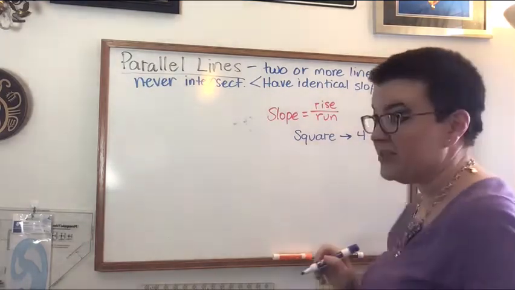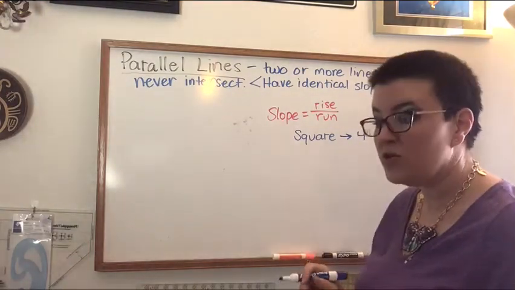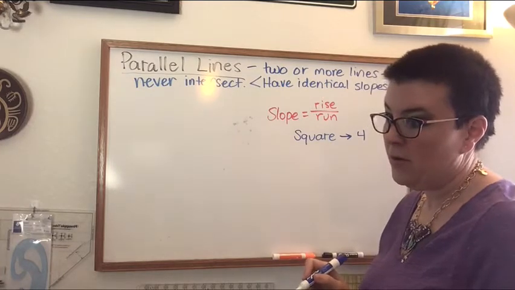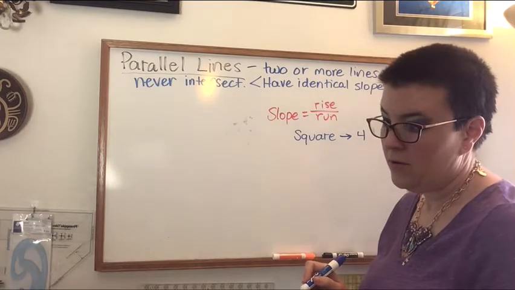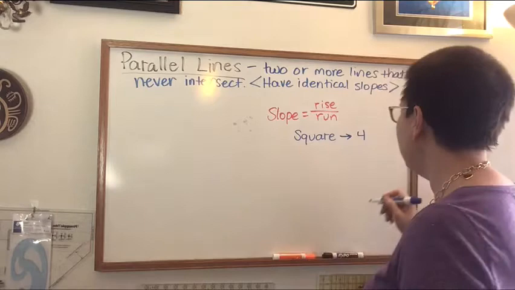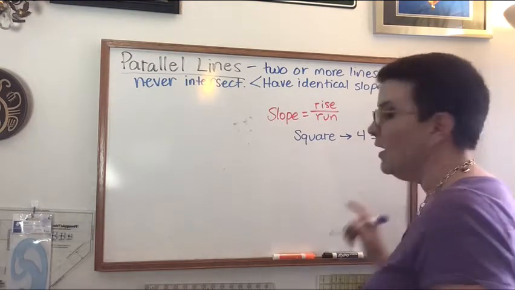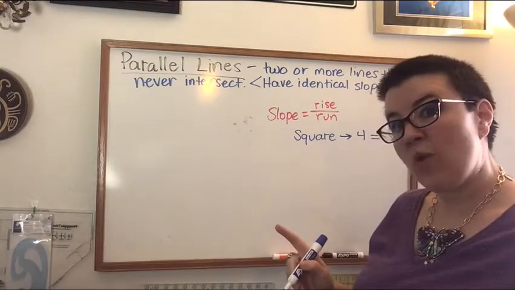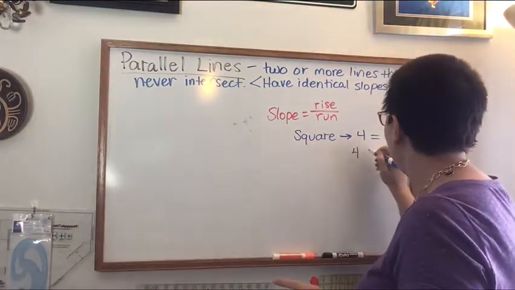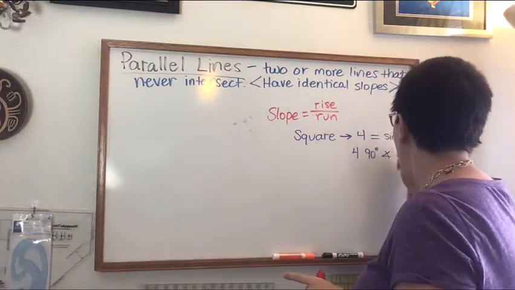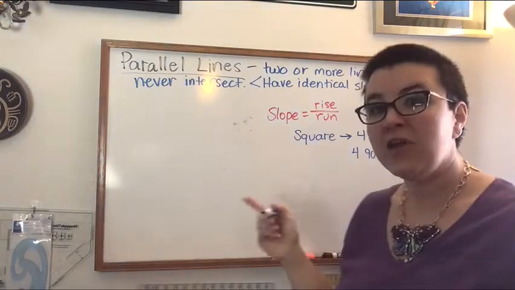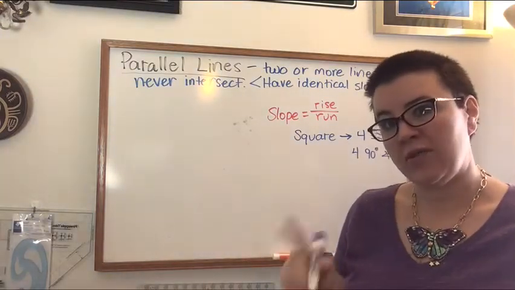What do you know about the sides of a square? How do they compare to each other in measure? They are all the same. They are all the same length, right? So we have 4 equal sides. And then the other thing that makes it a square is that we have 4 90-degree angles. And we'll prove that using perpendicular, which I'll show you in the next video.